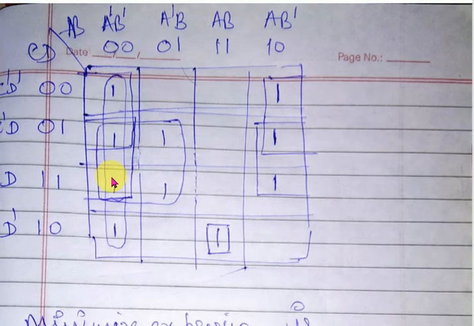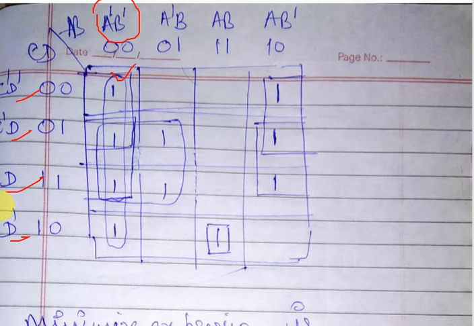So first of all, consider the first basic block, this one. Corresponding to this basic block, we can see A dash B dash, and C dash D dash, C dash D, C D, C D dash.